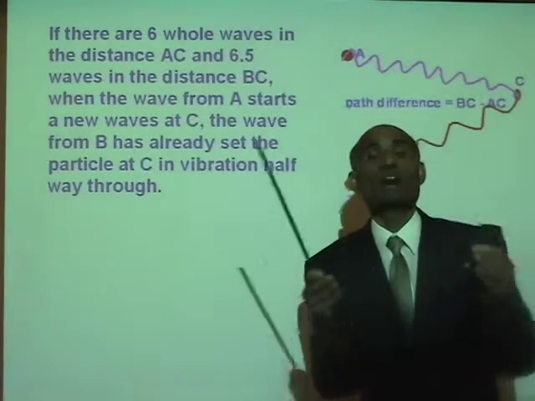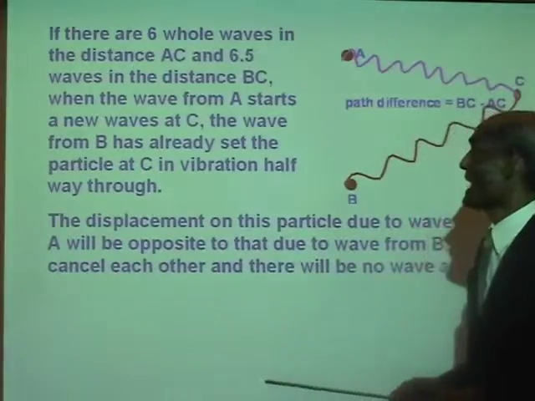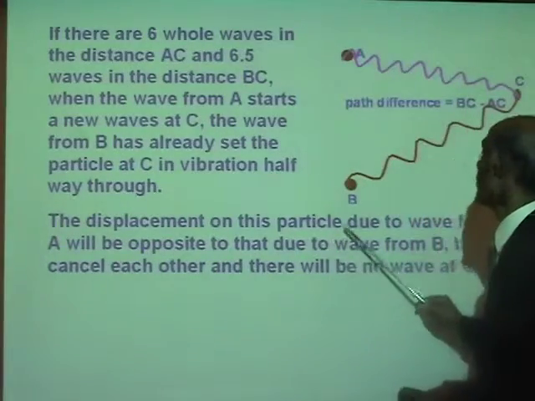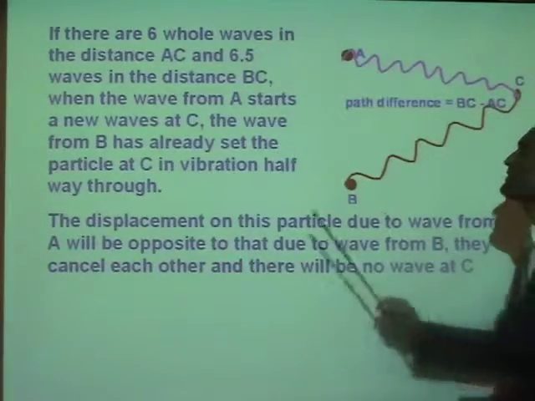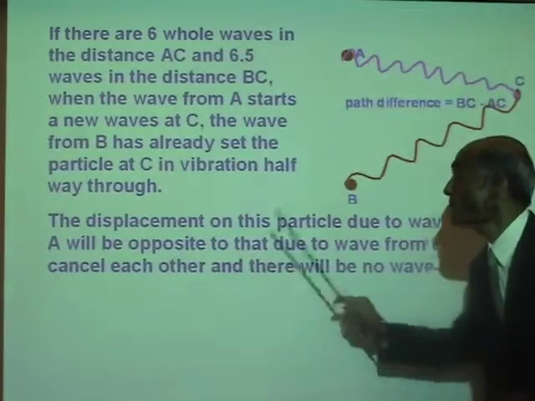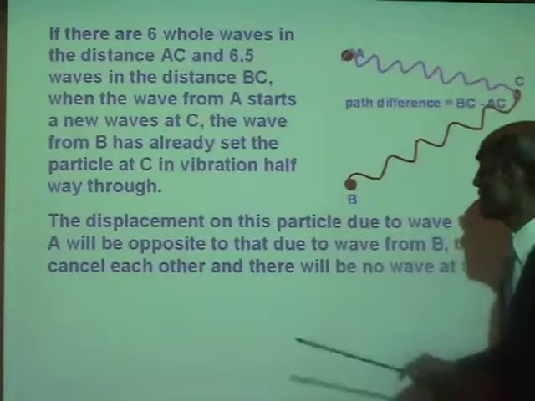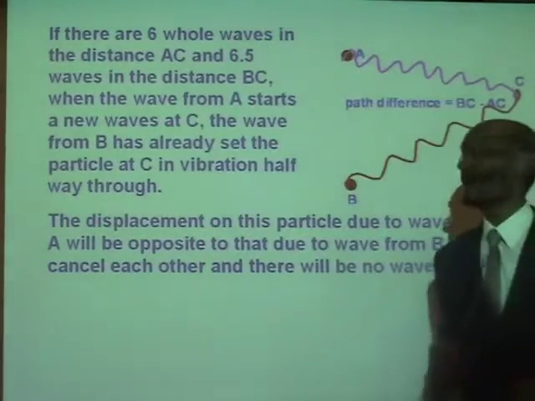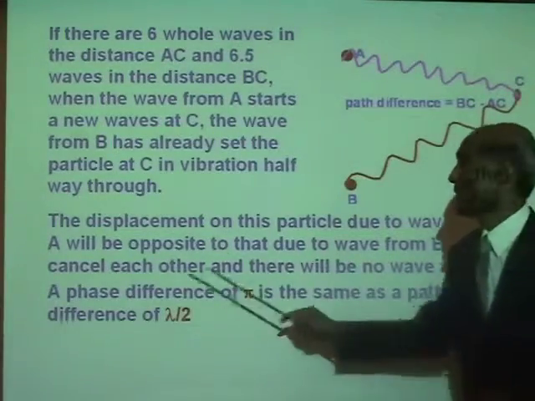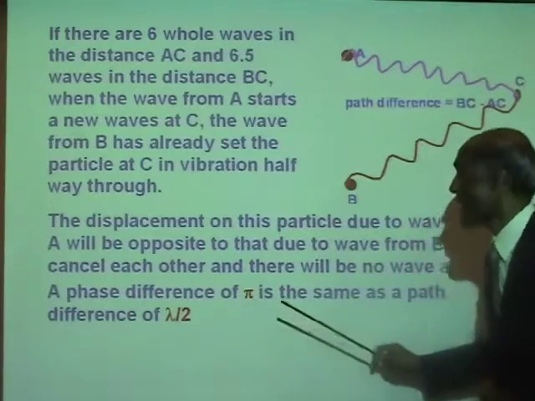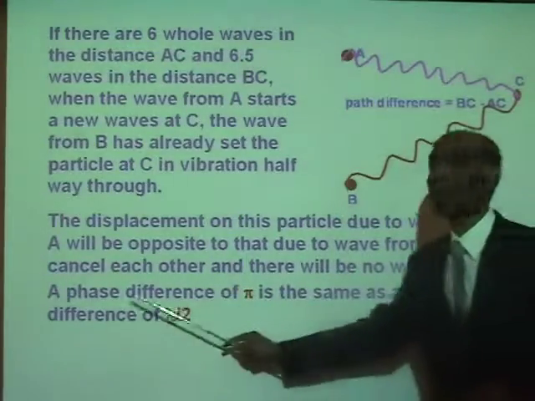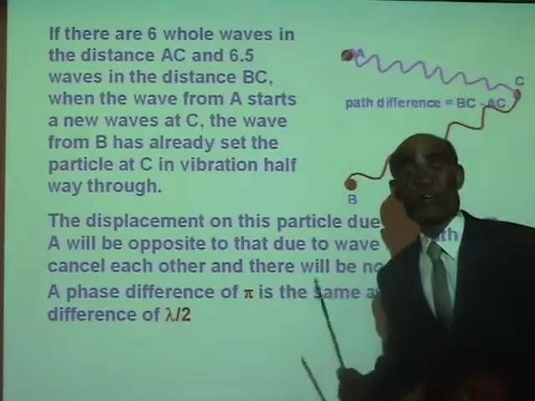That means they are completely out of phase, and therefore the displacement on this particle due to the wave from A will be opposite to that due to the wave from B. They cancel each other. There will be no wave at C. So a phase difference of pi is the same as a path difference of lambda by 2.